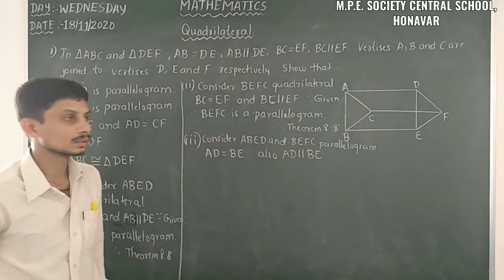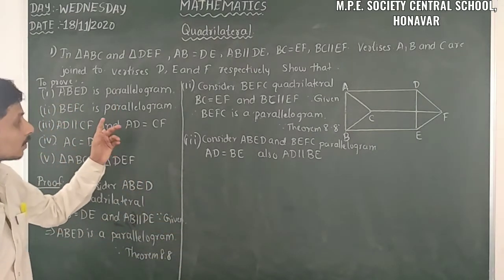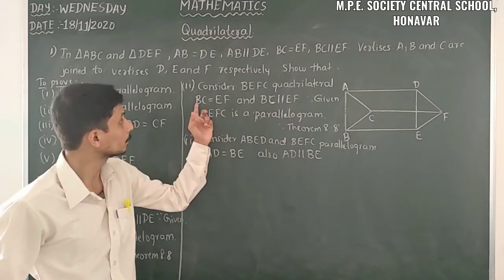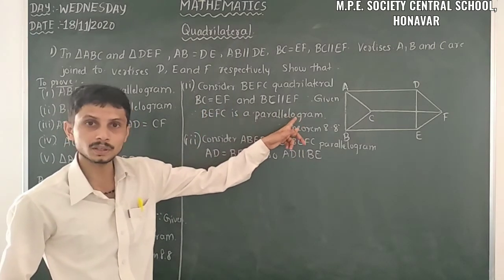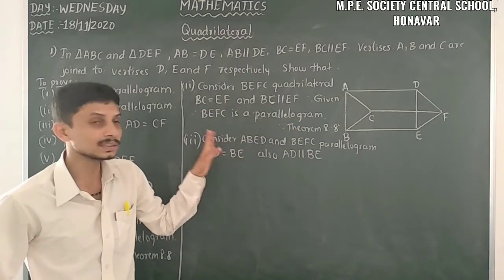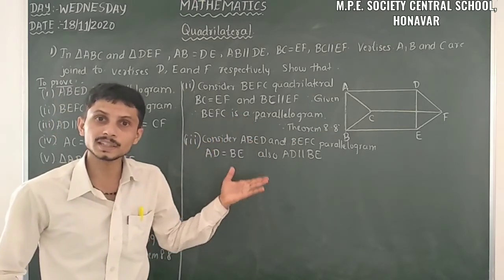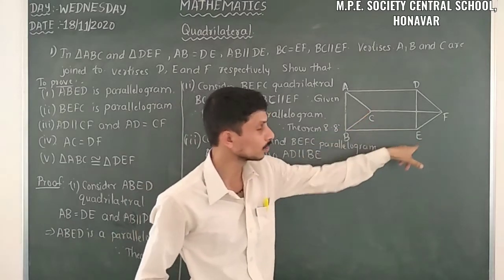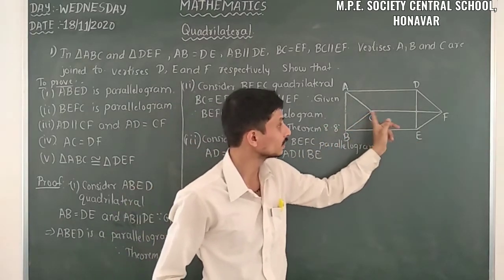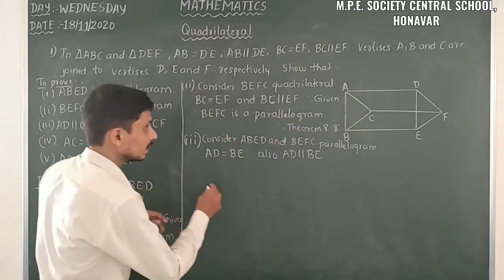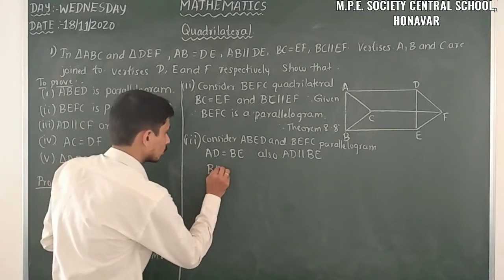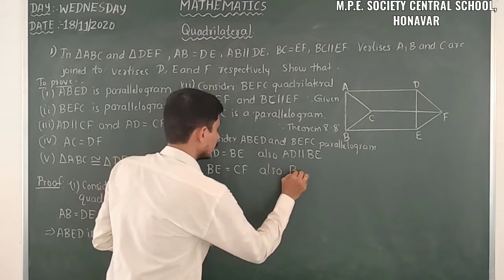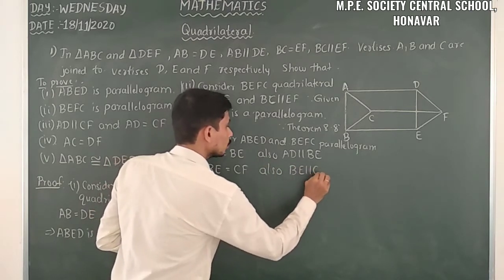Then from the BEFC parallelogram, BC is equal to EF and BC is parallel to EF. It's a parallelogram, so the other pair of opposite sides is equal and parallel. So BE is equal to CF, and also BE is parallel to CF.